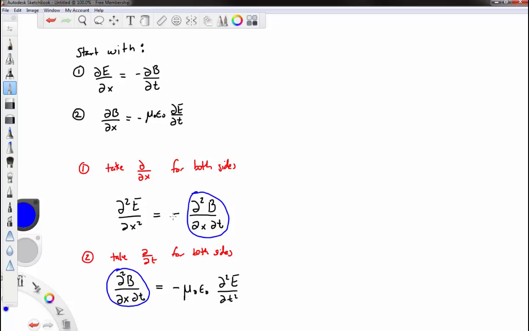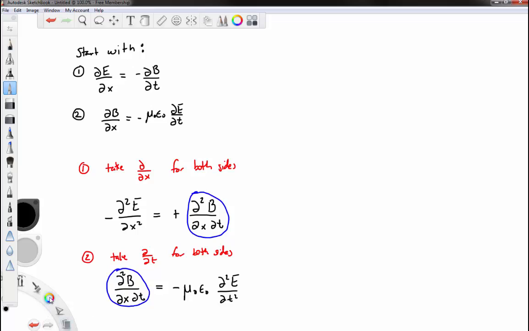So if we get rid of a minus sign like this, then we can set these equal to each other, because the left-hand side of one and the right-hand side of the other are matched with a common term.